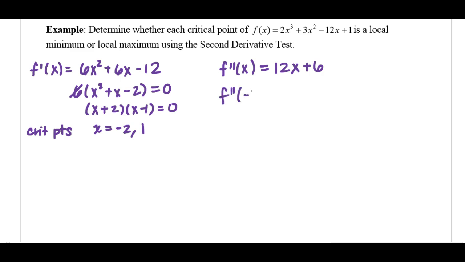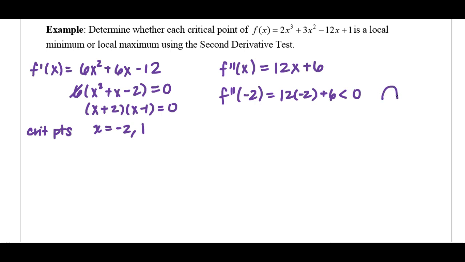So f double prime of negative 2. So 12 times negative 2 plus 6. So 12 times negative 2 is going to give me negative 24 plus 6. This quantity is going to be less than 0. So what that means by the second derivative test is that since the second derivative at the critical point is negative, well, that means that I have a function that is concave down.